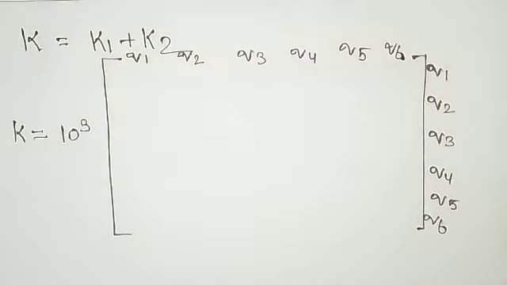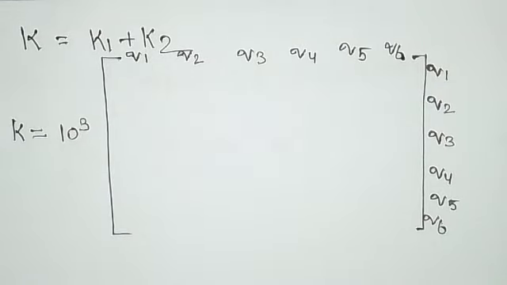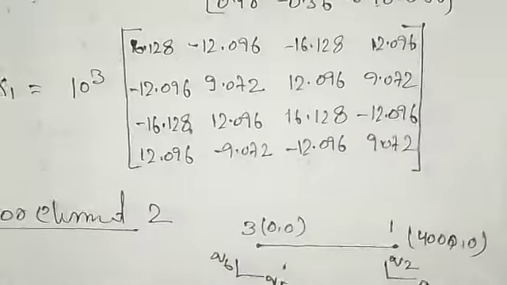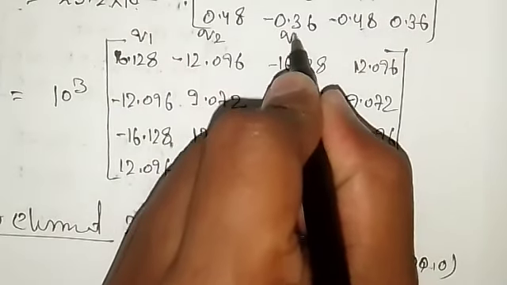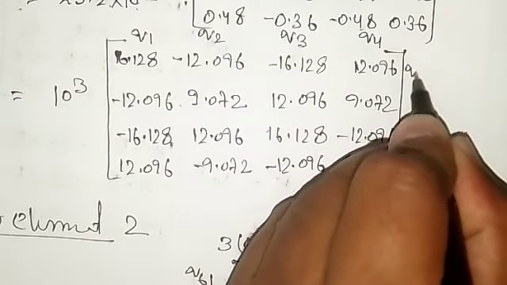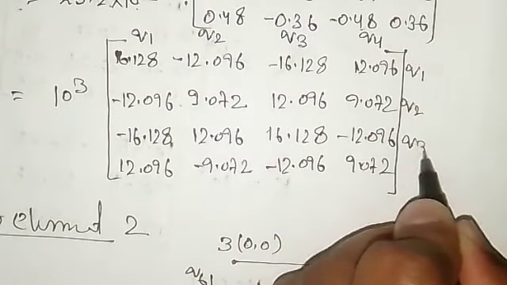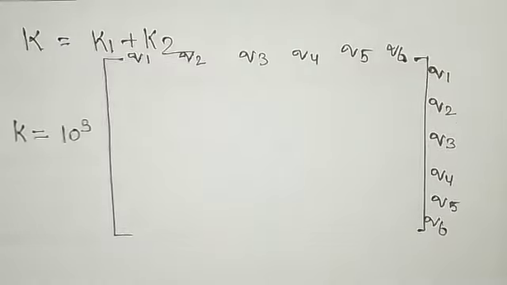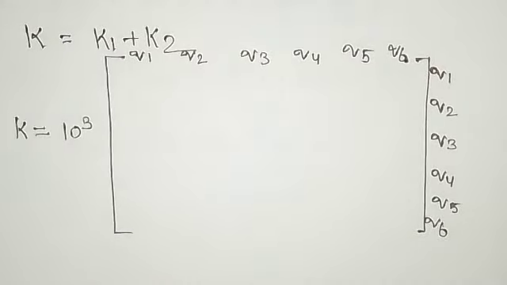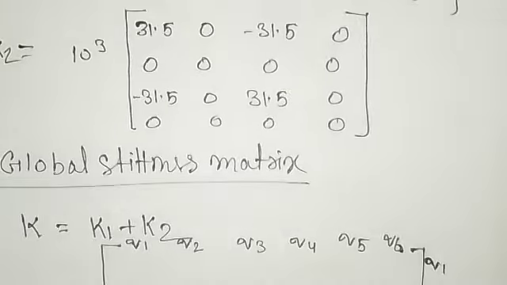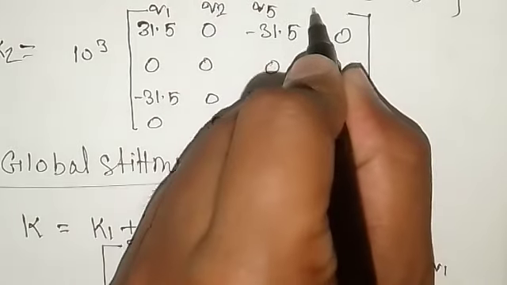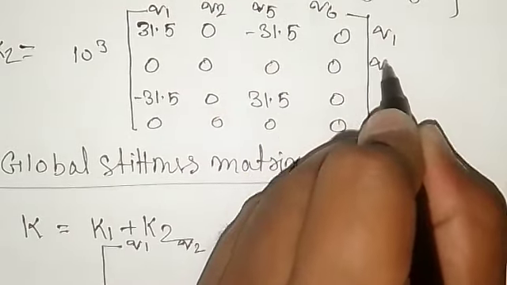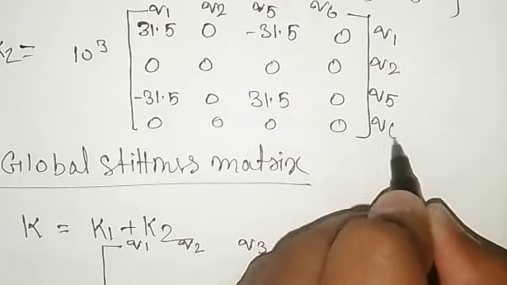So we will take the values from each element, that is the stiffness matrices we have calculated, K1 and K2, right? Your K1 is connected between Q1, Q2, Q3 and Q4. Similarly, for element 2, the stiffness is connected between Q1, Q2 and Q5, Q6, right?